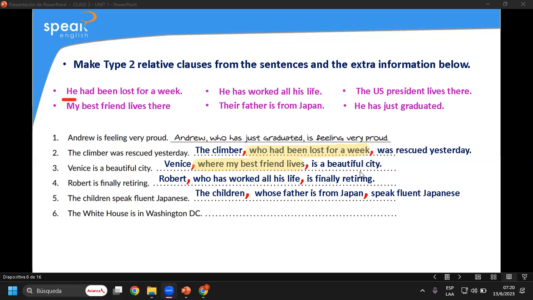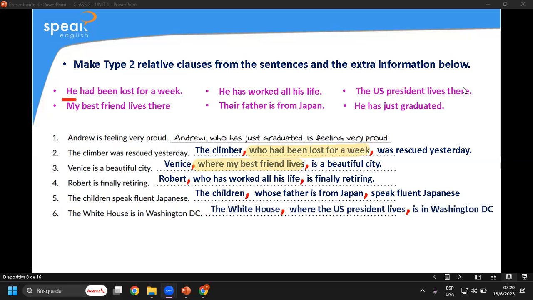The White House, where the U.S. president lives there, is in Washington, D.C. Okay. Do you agree, everybody? Yes. Now, in this scenario, we can omit the word there, right?